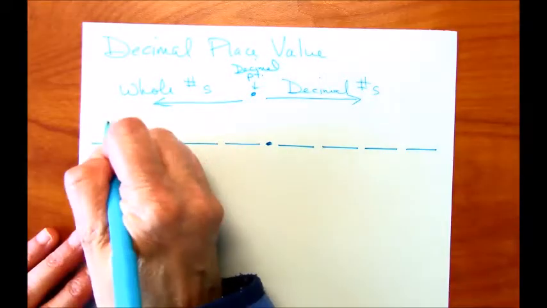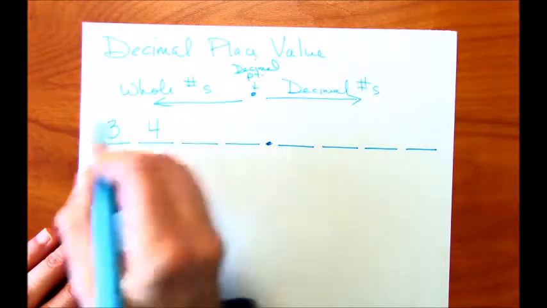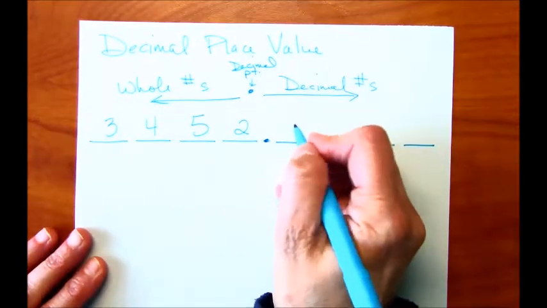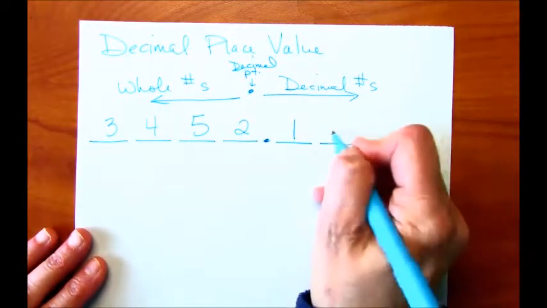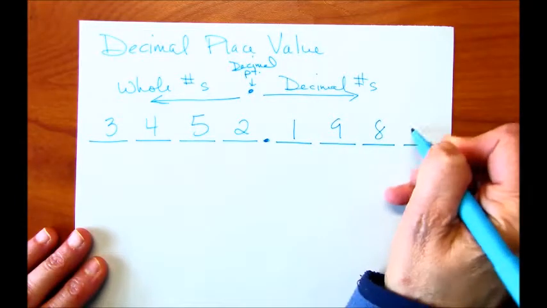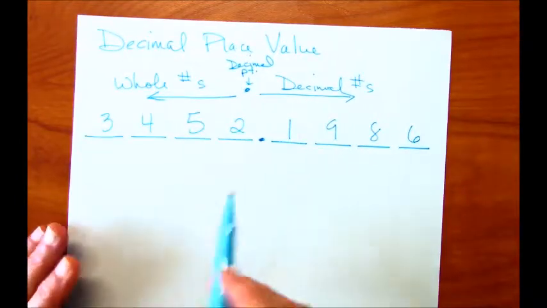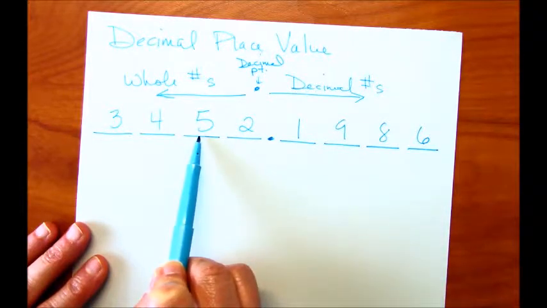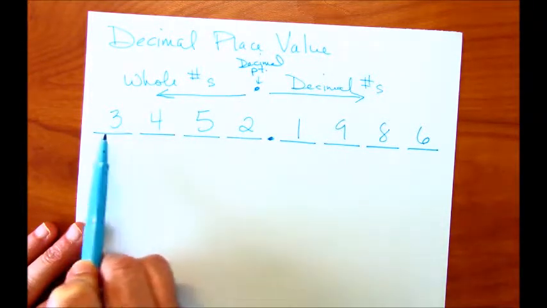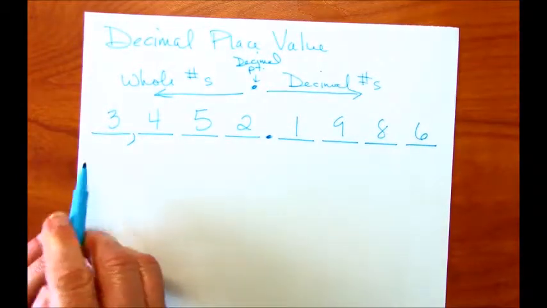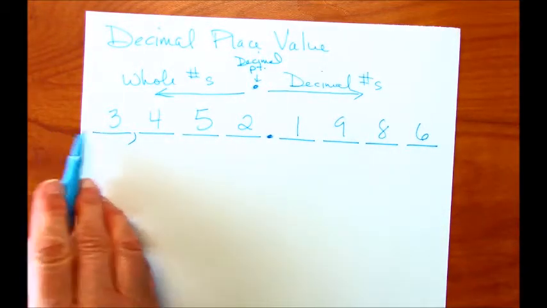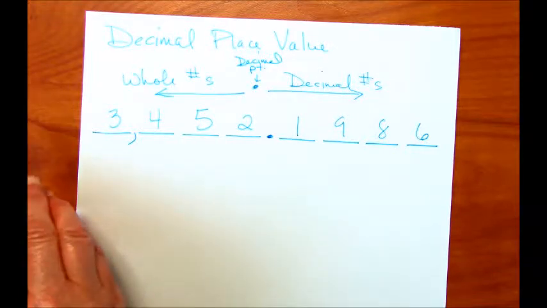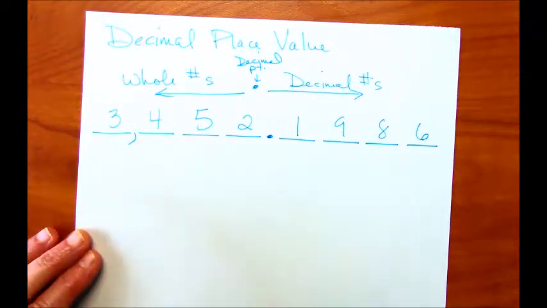I'll go ahead and fill in some numbers: 340, or 3,452, and 1986. Just as a review, this is the ones place, tens place, hundreds place, thousands place, and then if you had some other digits beyond that, we'd go 10,000s, 100,000s, millions, and so on.